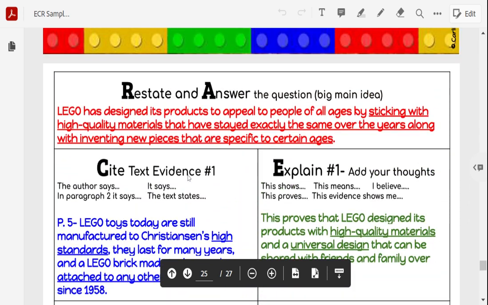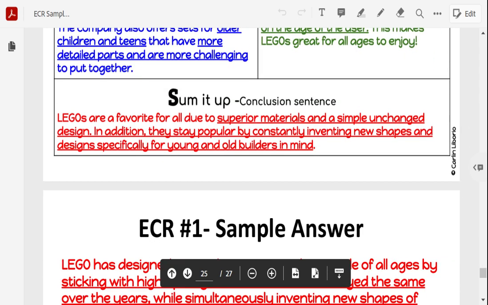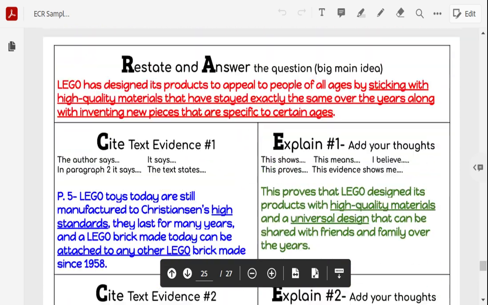So up here I put Lego has designed its products to appeal to people of all ages. Down here I put Legos are a favorite for all due to, and then I use synonyms. So I said superior materials instead of high quality.